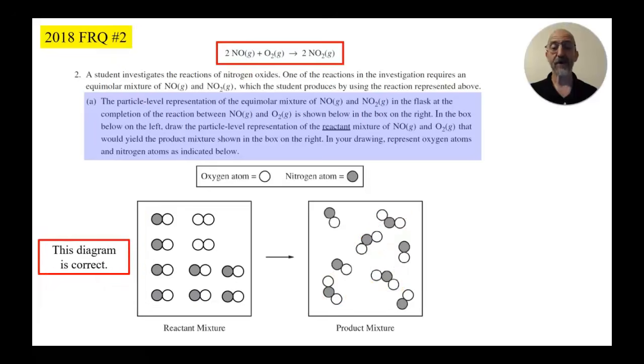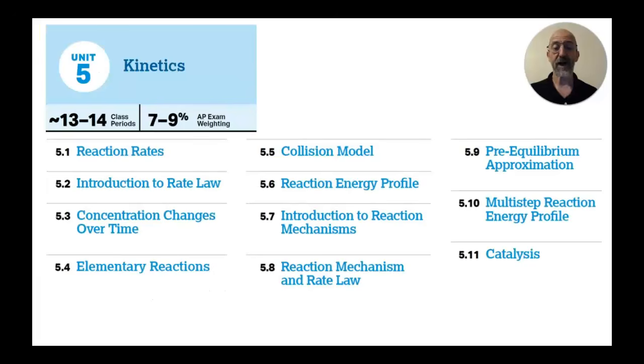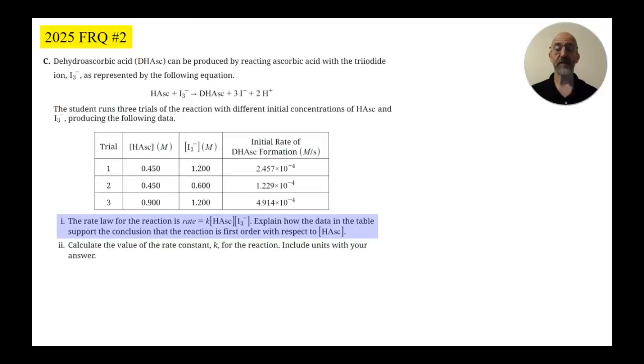Okay, well now our next free response question that we're going to take a look at is for Unit 5, Kinetics. So let's start with this question from the 2025 AP Chemistry exam. It talks about something known as dihydroascorbic acid, and it says it can be produced by reacting ascorbic acid with the triiodide ion.